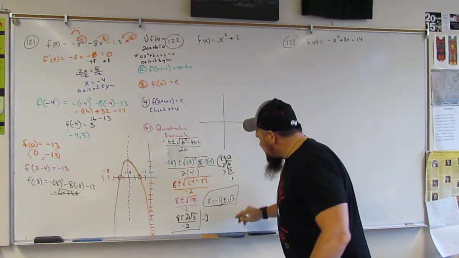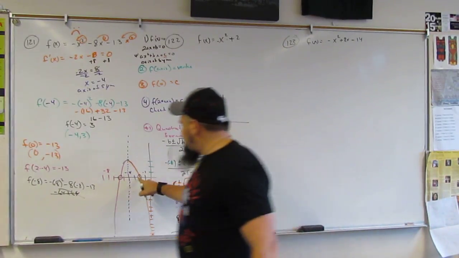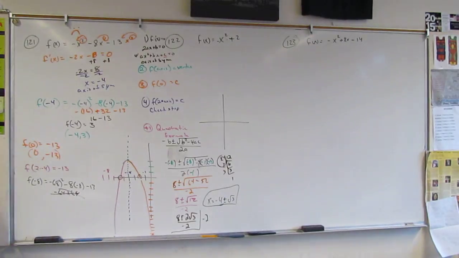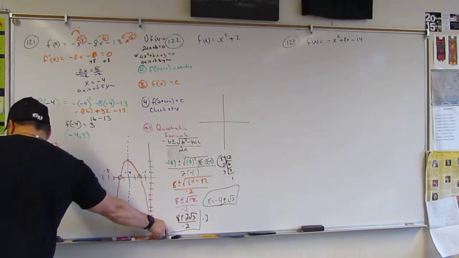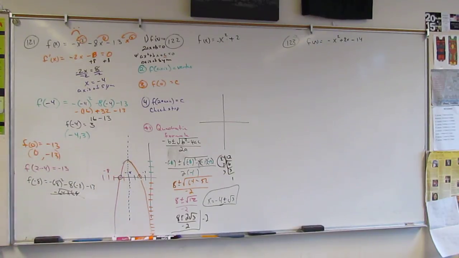X is equal to, and so that's what these numbers are. And if we plug that in our calculator, what is negative 4 minus the square root of 3? Right? So we just go to our calculator. Negative 4, oops, clear.